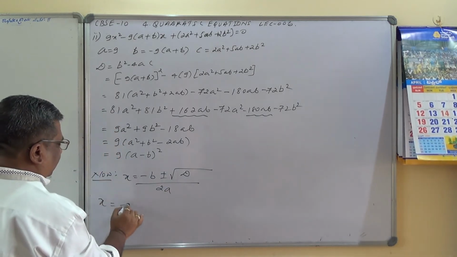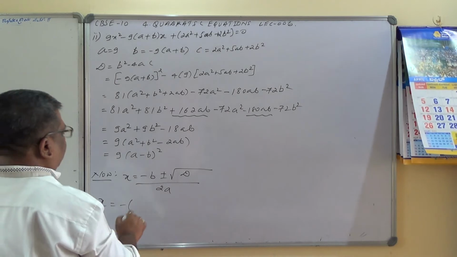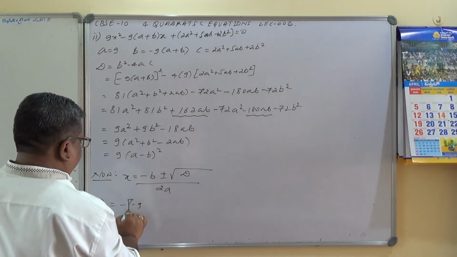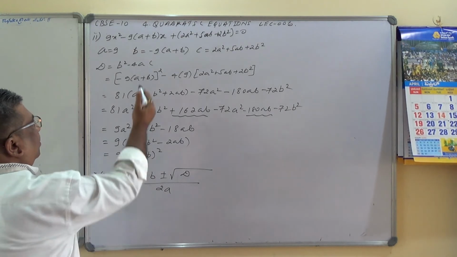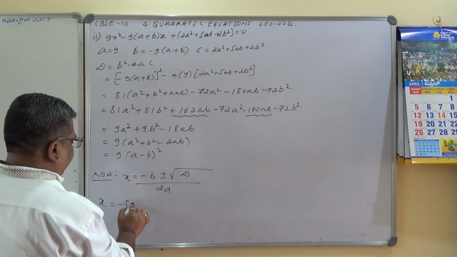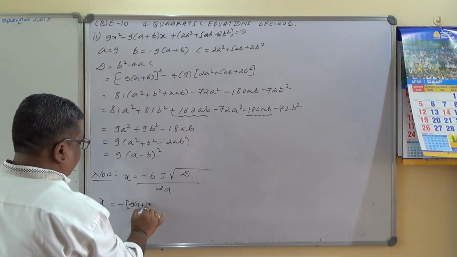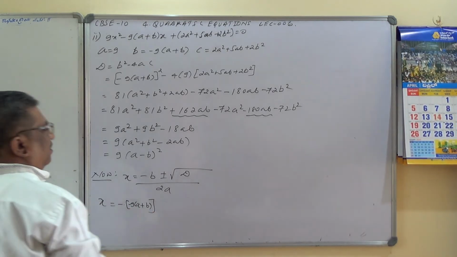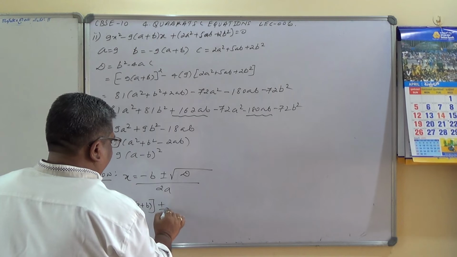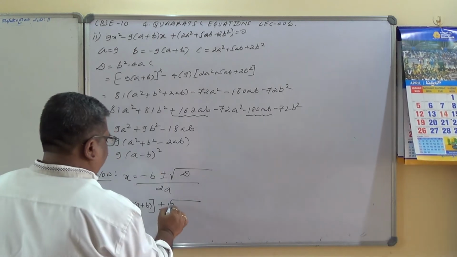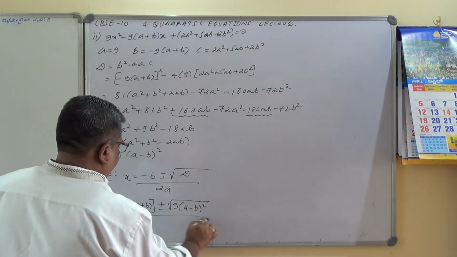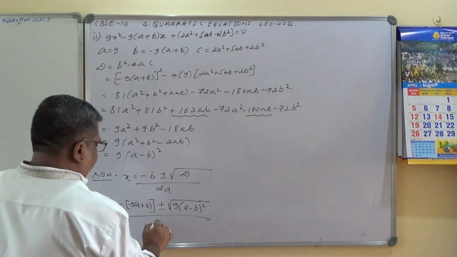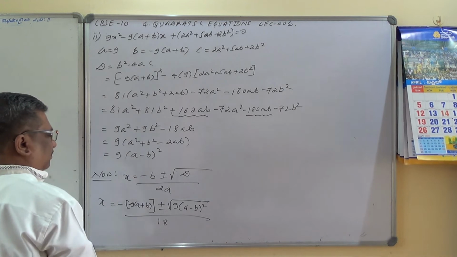So x equals minus of minus 9(a + b), see here how I am solving, plus or minus the square root of 9(a − b)², the whole divided by 2 times a, which is 18.